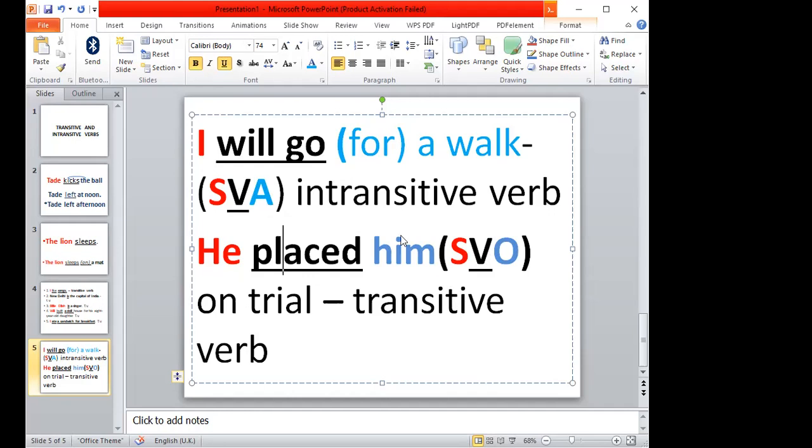So without wasting our time, I believe you can differentiate between a transitive verb and an intransitive verb anytime you use them in sentences. Remember, for a transitive verb, there must always be a direct connection between your verb and your object. And for your intransitive verb, there will be something that nullifies your object or makes it another word class other than the noun or pronoun. This here is an adverbial or an adjunct.